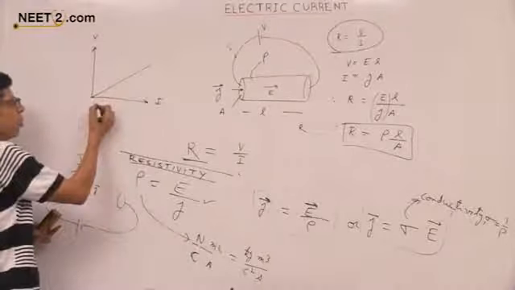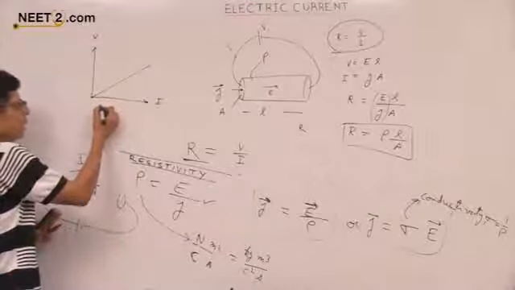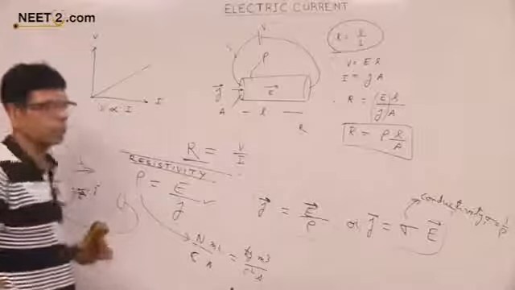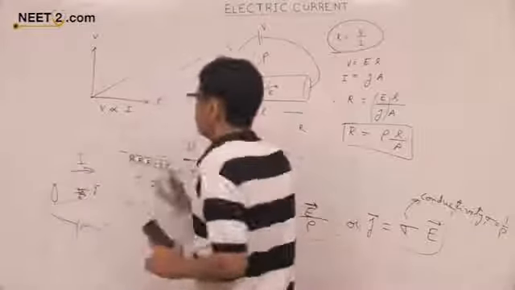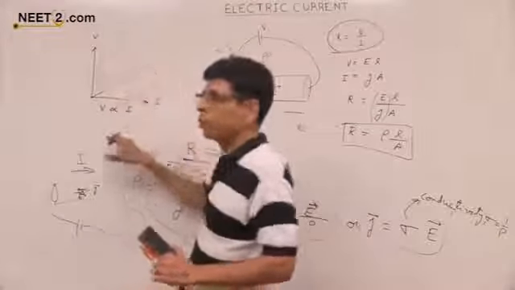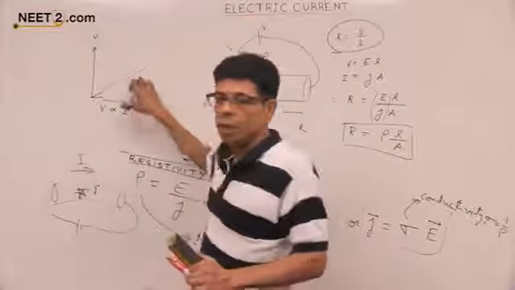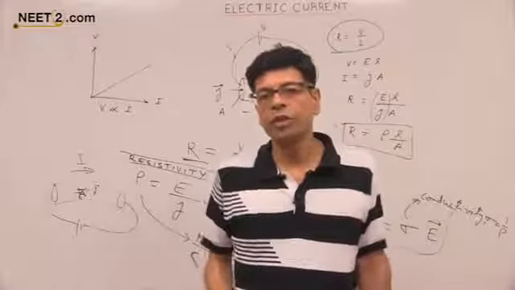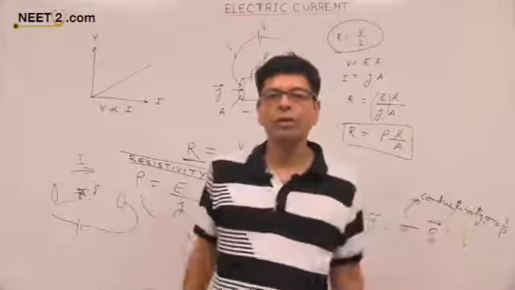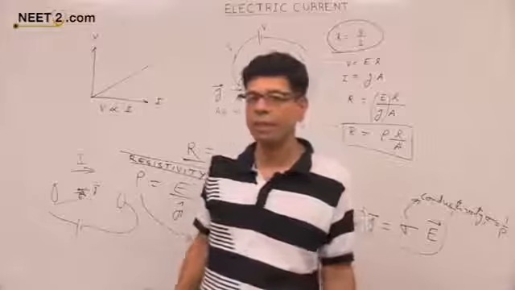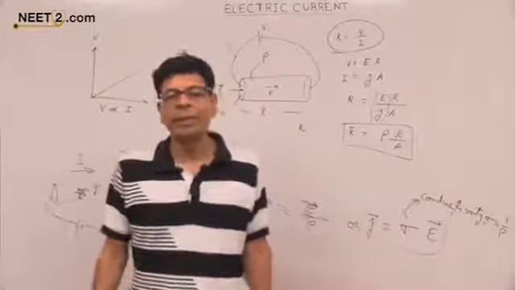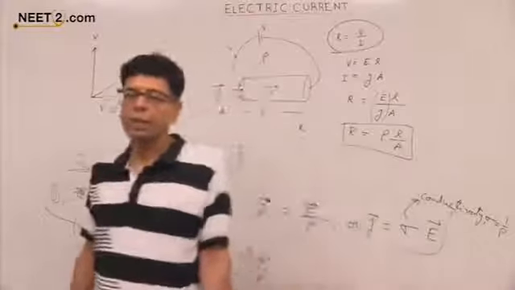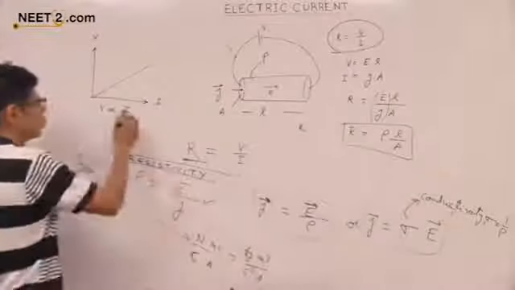Written in mathematical form, we'll say V is proportional to I, or I is proportional to V. If you double the V, this becomes double. Now, this Ohm's law is valid only for certain materials, and for those materials it is valid over a certain range of potential differences applied. For the materials for which it is not valid, they are called non-ohmic, and the ones where it is valid, they are called ohmic.